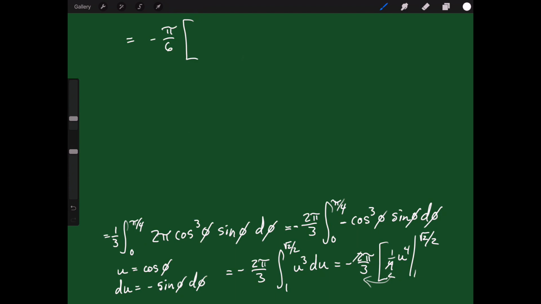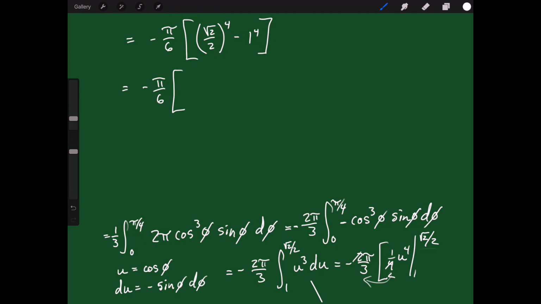So if I plug in the root 2 over 2 into the u to the 4th, let me think about that for a second. So I get root 2 over 2 to the 4th. Let's just write it that way. Root 2 over 2 to the 4th minus 1 to the 4th. Okay. What is that? This is minus pi over 6 times.